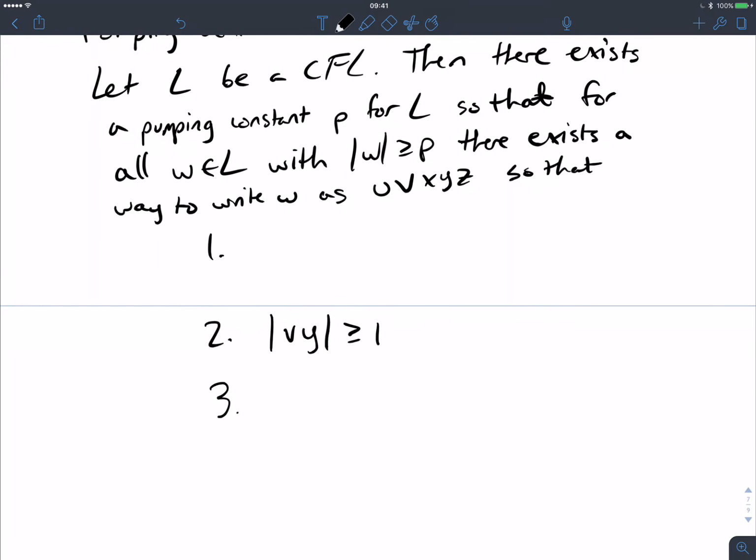What's another condition that we were able to deduce? Yeah, you're right. So if I pump in i copies at the same rate for V and Y, then that'll always stay in the language. So u v^i x y^i z is in L for all i at least 0.